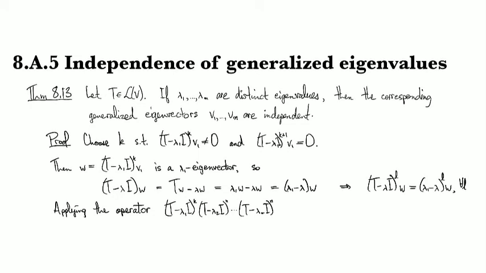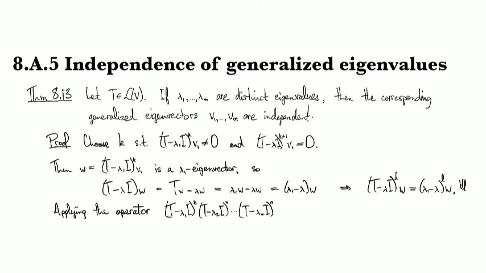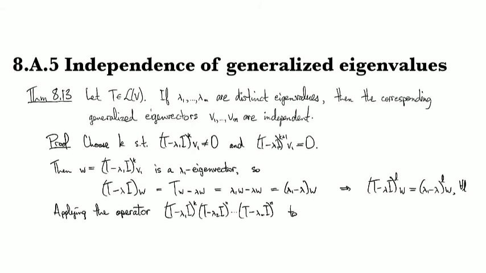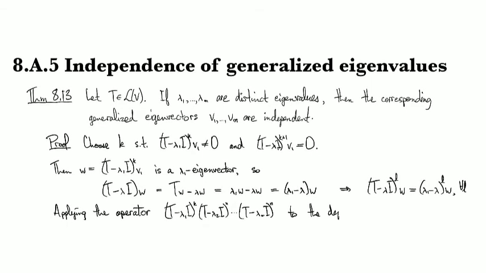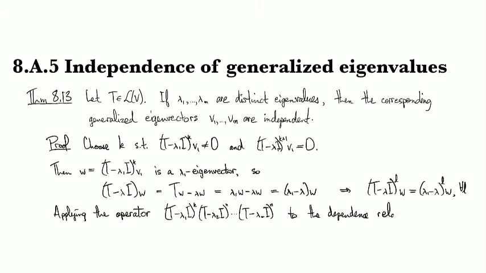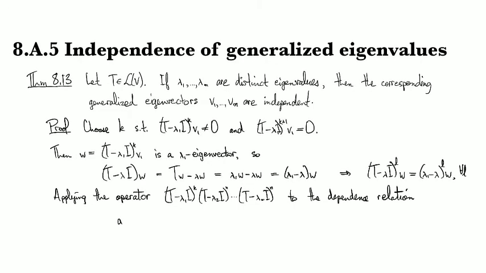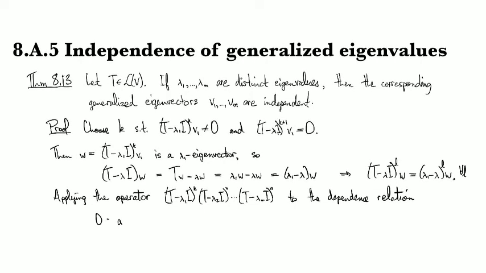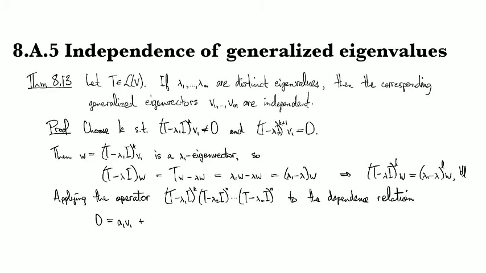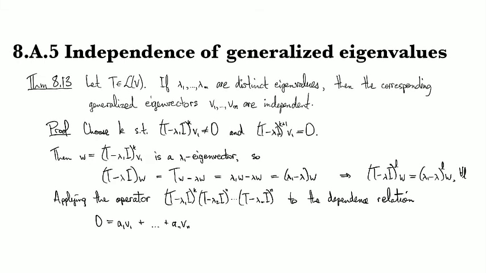Okay, and so we're going to apply this operator to the dependence relation: 0 equals a1 v1 plus a2 v2 plus up to am vm.